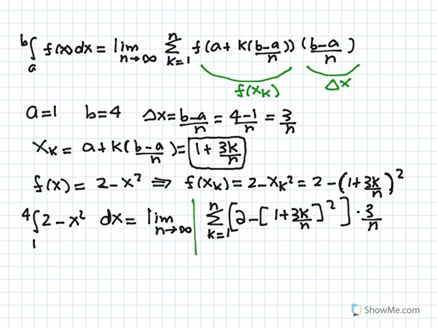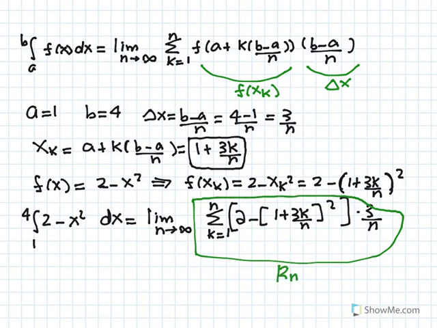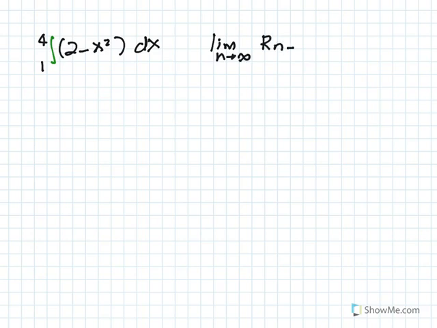All of this is Rn, the right-hand Riemann sum. And we're going to take the limit of Rn as n goes to infinity to find the exact value of the definite integral. So let's simplify Rn and then evaluate the integral of 2 minus x squared dx. This integral can be evaluated by taking the limit as n goes to infinity of Rn.